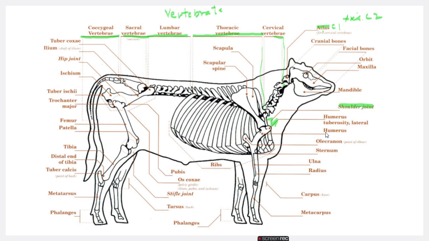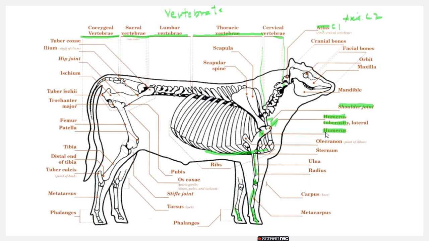Then we have the shoulder joint, and then the humerus. After the humerus has the tuberosity, then we have the sternum, and then radius and ulna, carpals, metacarpals, and then phalanges, right?